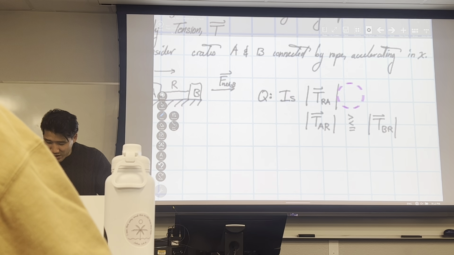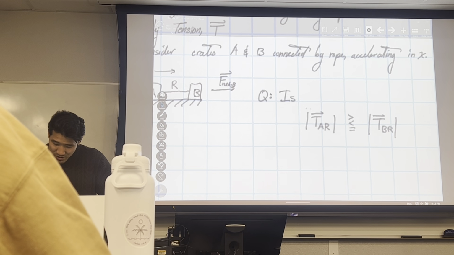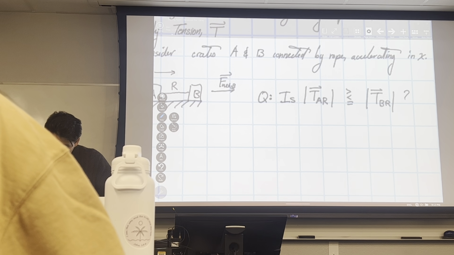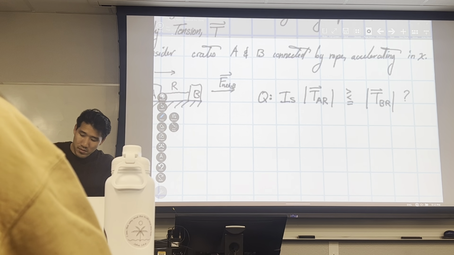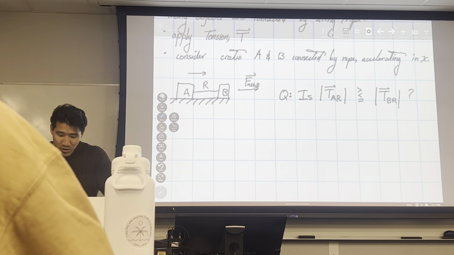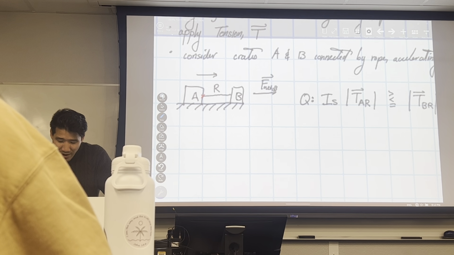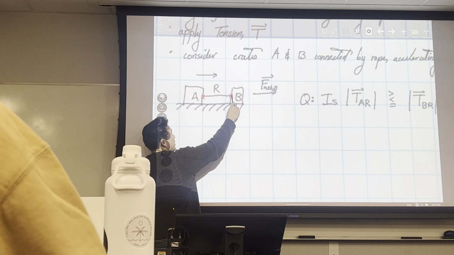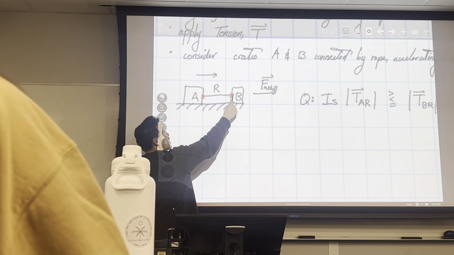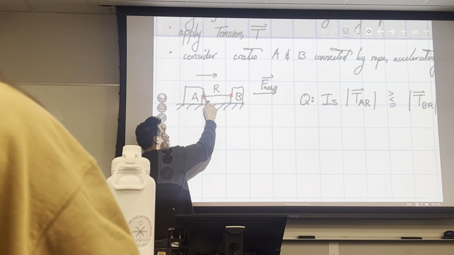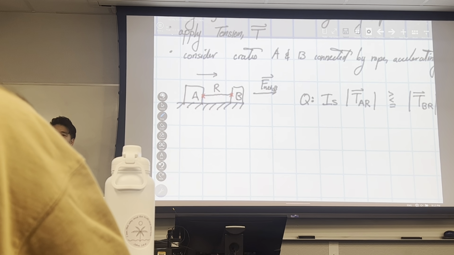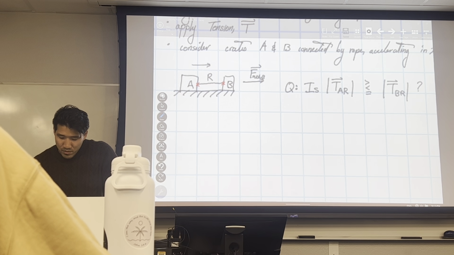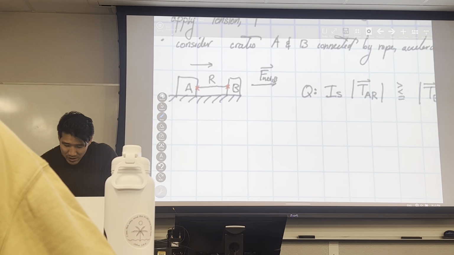Actually, let's ask it in this fashion. Essentially, we want to know at these junction points, tension, this is B onto the rope, this is A onto the rope. Do they have equal tensions? Or is one greater than the other? And if so, then which one is actually greater?